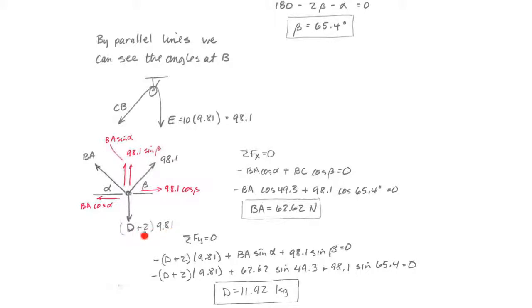The weight going down will be the weight that's being suspended, plus 2 kilograms times 9.81. Sum the forces in the y direction, and you should be able to solve that for the mass that's being suspended. So anyway, I hope that is helpful in some of these sometimes a little more difficult types of problems to set up.